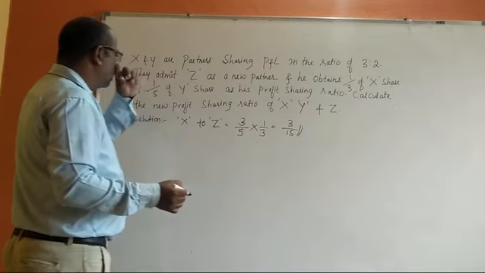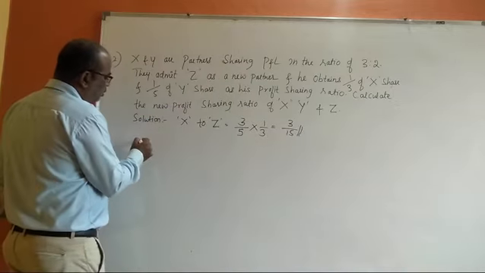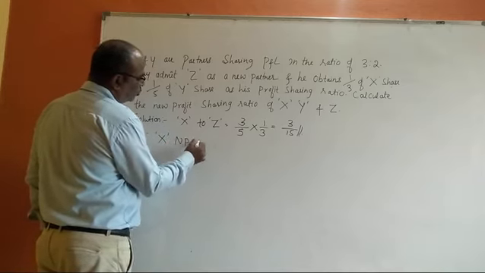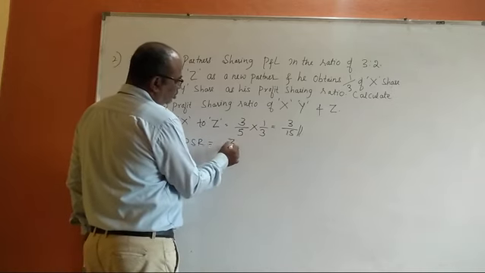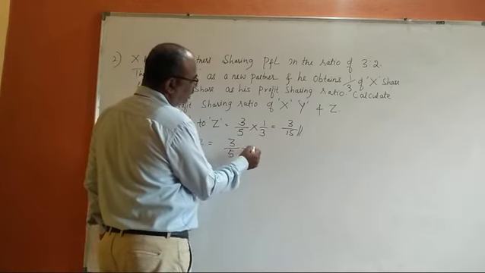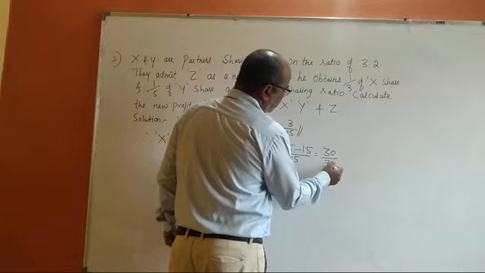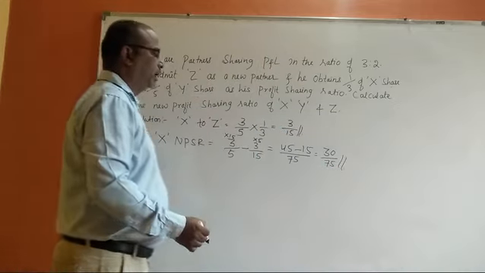If he gives 3/15, his new profit sharing ratio will be his old ratio minus the ratio he has sacrificed towards the share of Z. So if you cross multiply, 45 minus 15 divided by 15 into 5, 75, equal to 30/75 will be the new profit sharing ratio of X.